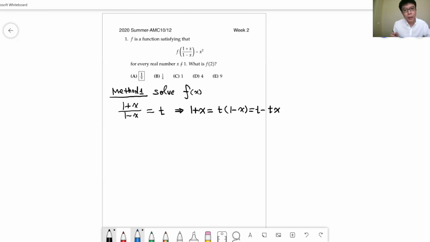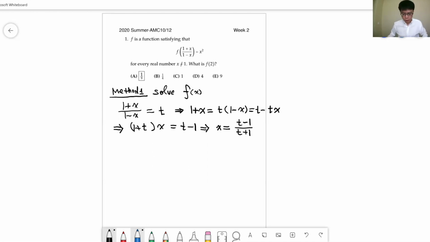Now we group x together. We have (1 plus t) x equals t minus 1. So x equals (t minus 1) over (t plus 1).